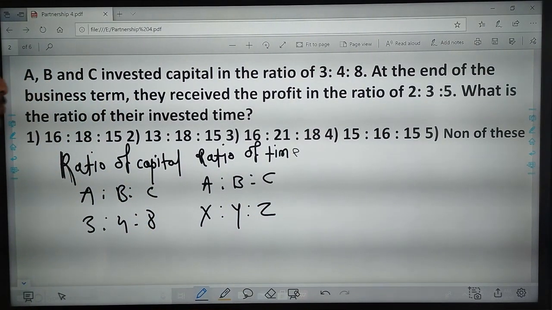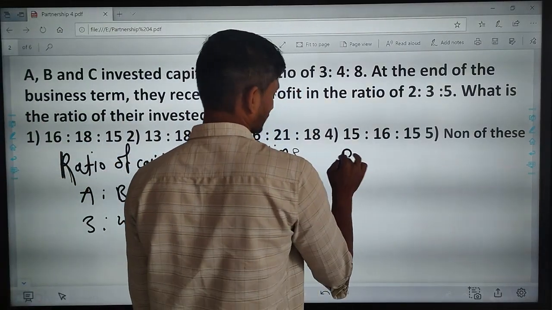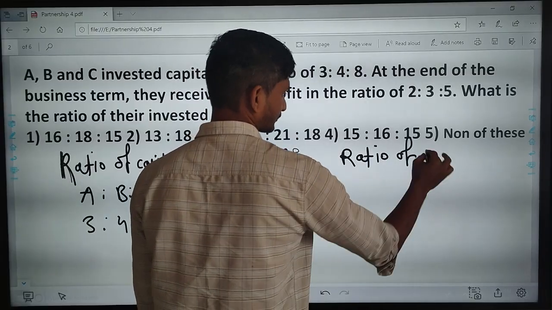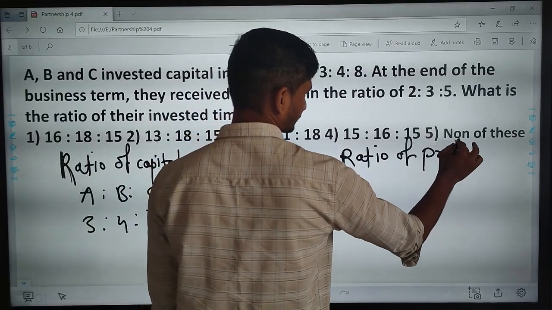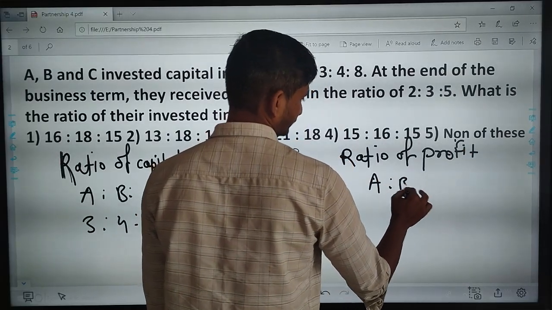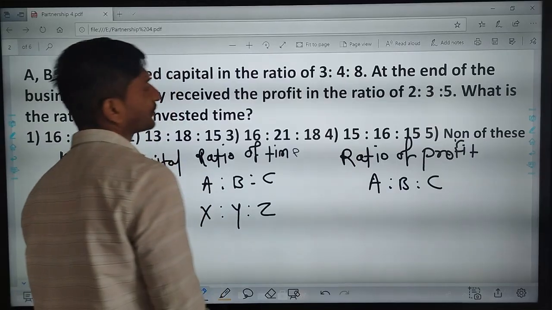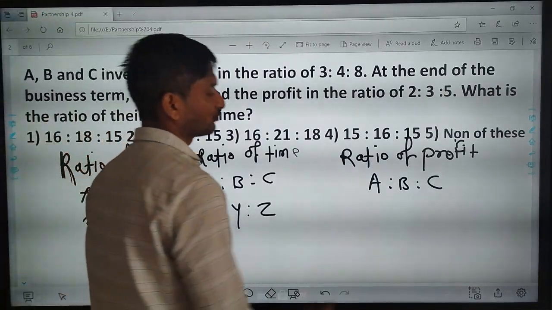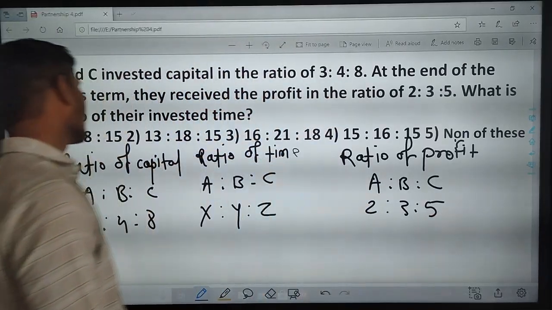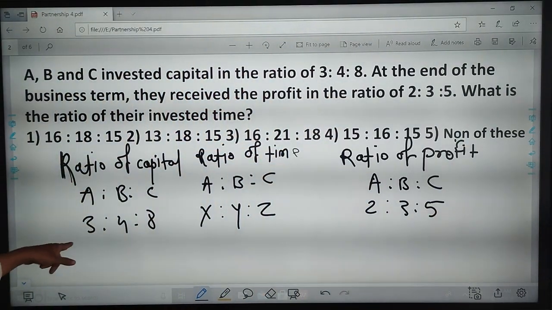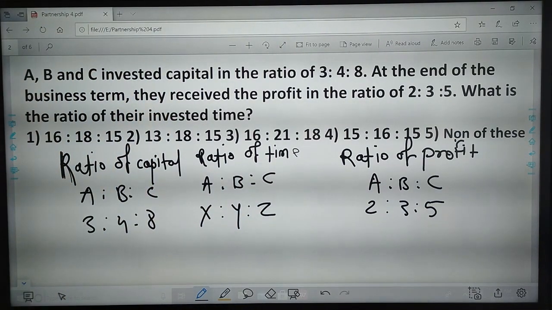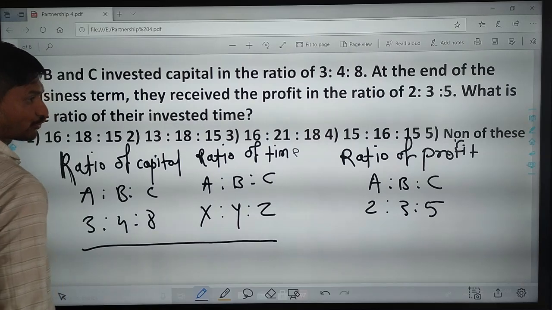The ratio of profit is given as 2:3:5. Now here A's capital is 3 and A's time is x. Then we find from these two the ratio of profit.